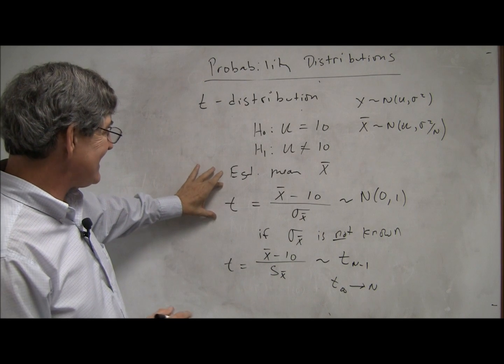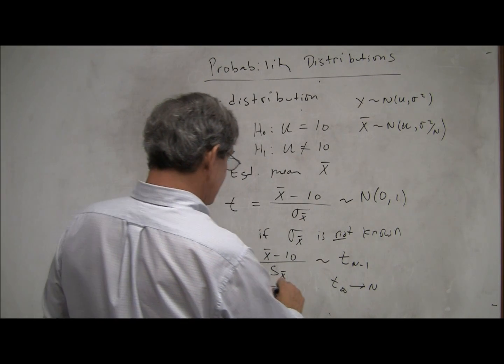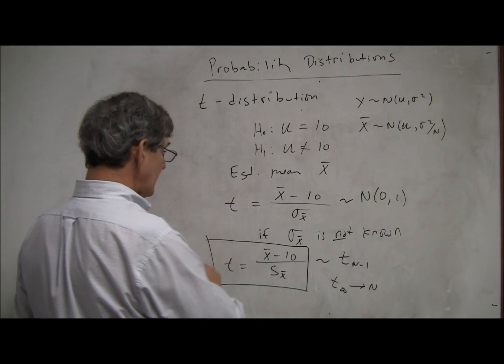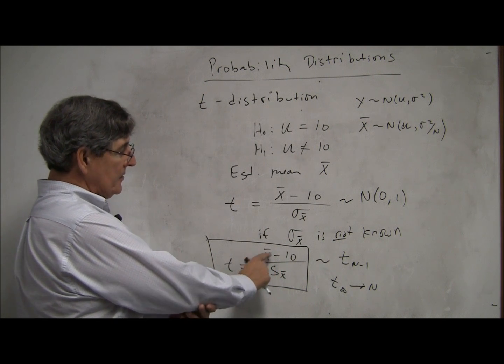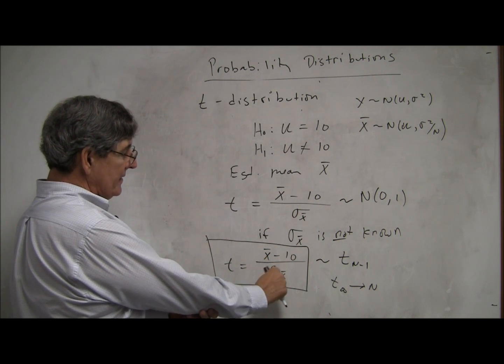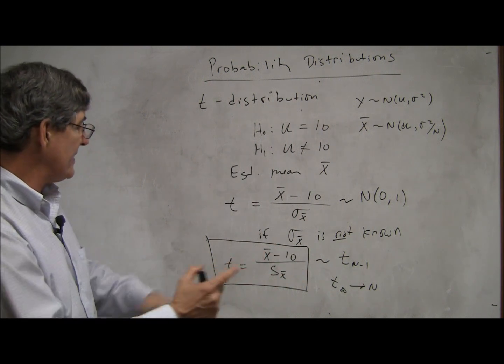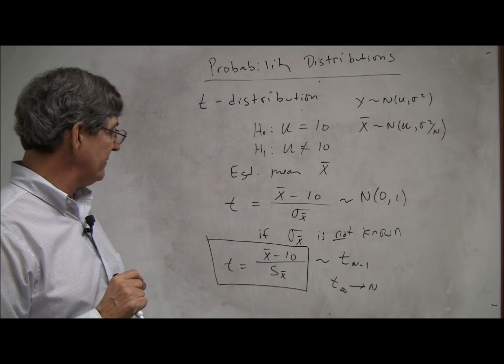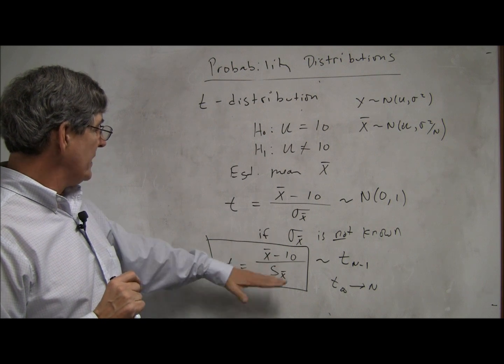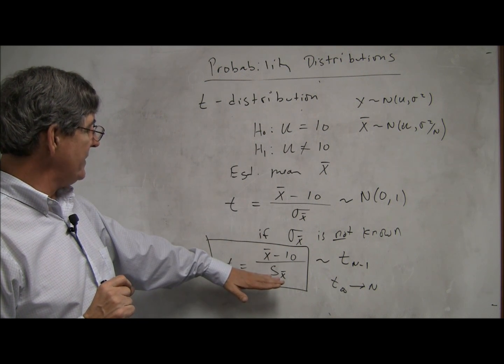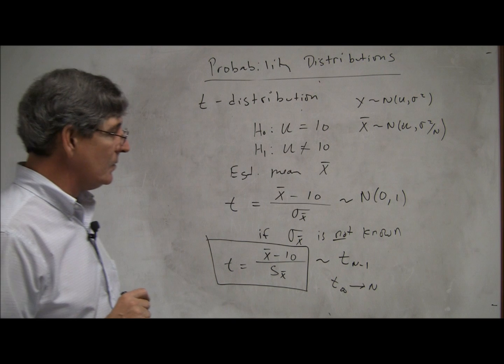But the t statistic is going to be this thing: the estimated value minus the hypothesized value over the standard error of the estimate, whatever it might be. That formula is always the same for a t. And as I said, we can usually use the normal approximation to do hypothesis tests, and we'll come back to that.